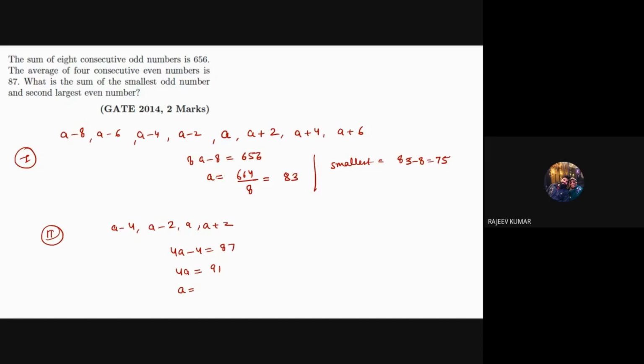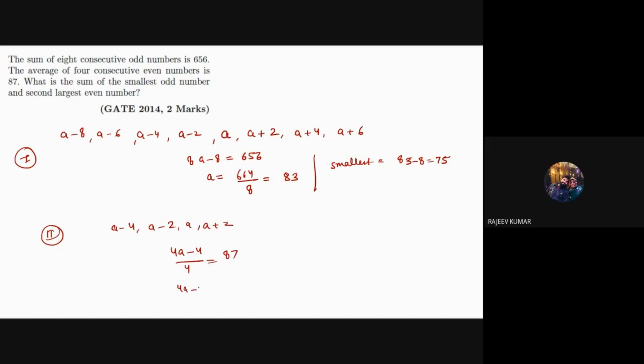Okay, that's my mistake. The sum is not given, the average is given, so I take the average. So 4a minus 4 divided by 4 is equal to 87.